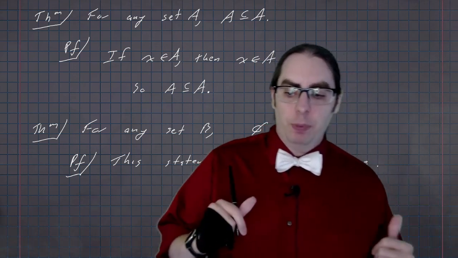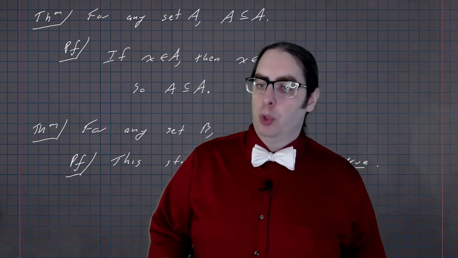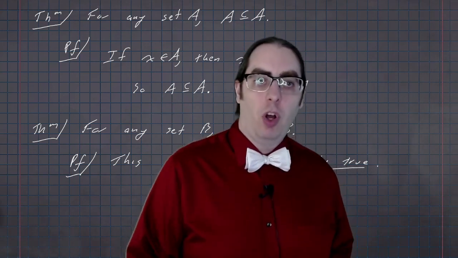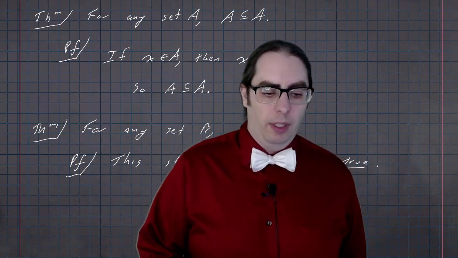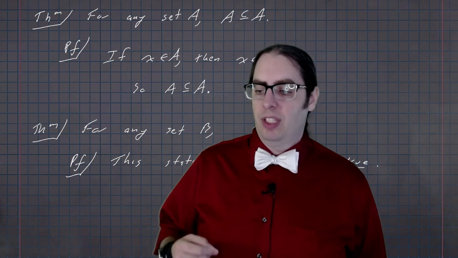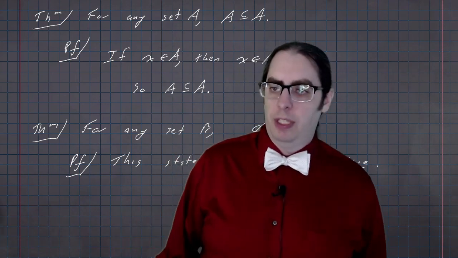So in this particular case, we say that this statement is true because trying to say that it's false gives us complete nonsense. Right? What would it mean for the empty set to not be a subset of B?